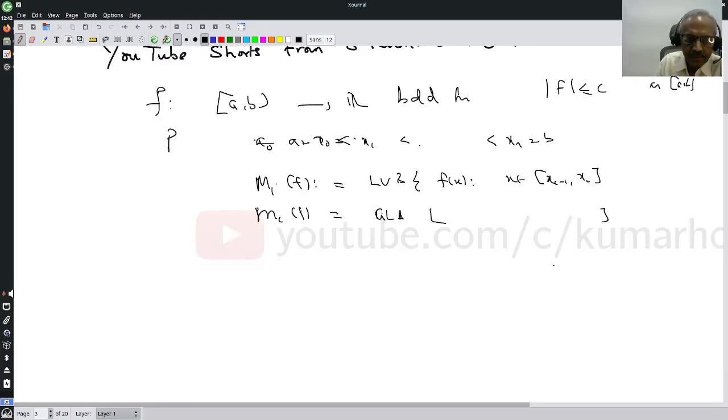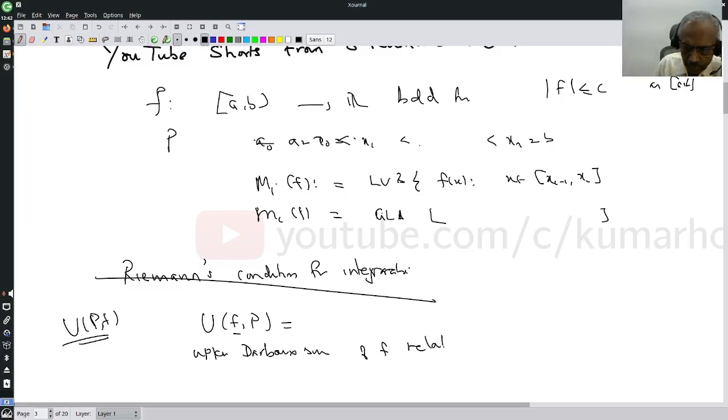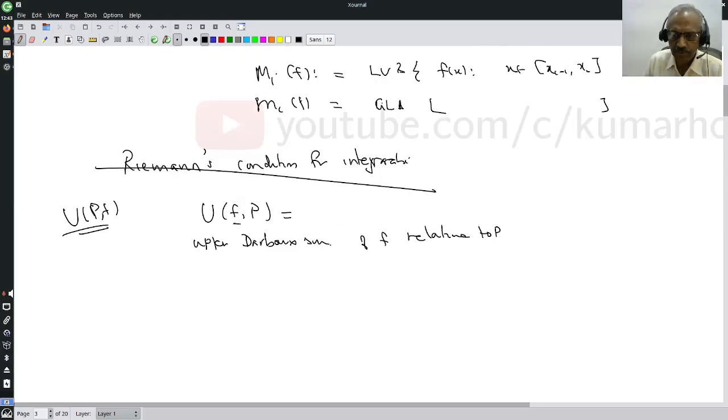And Riemann's condition for integrability says, maybe before that, let me define the upper sum of f with respect to the partition P. Many textbooks write it differently, but I want to call it the upper Darboux sum of f relative to P. So it is not the upper sum of the partition, it is something attached to f.